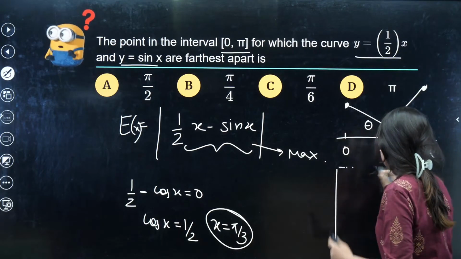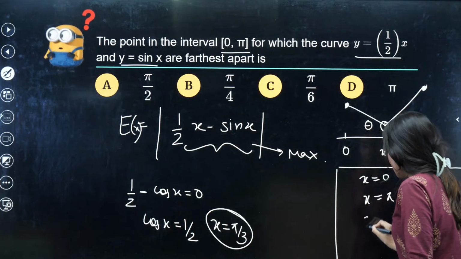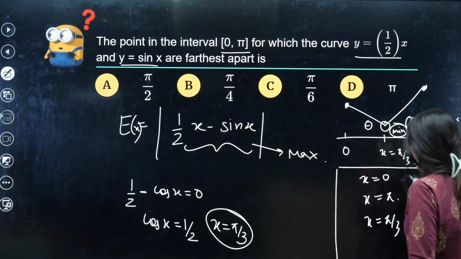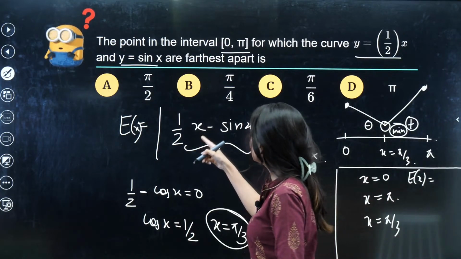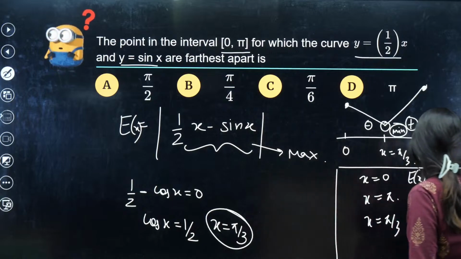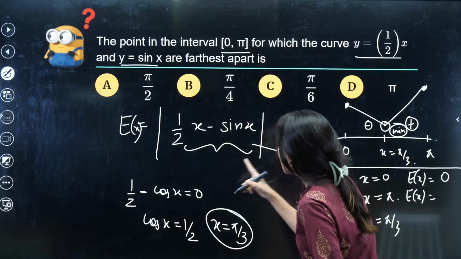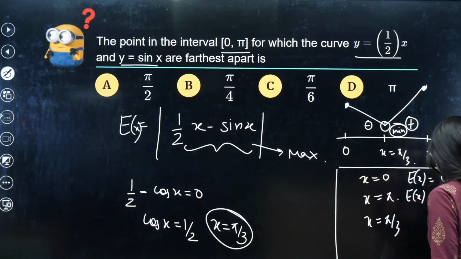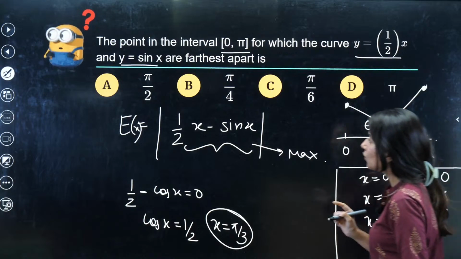So basically we need to check for x equals 0, x equals pi and x equals pi by 3. So E of x will be, tell me, the moment I put x equals 0, what do I get? 0 minus 0, so I am going to get 0. And the moment I put pi, what do I get? Half pi minus sin pi, so this is pi by 2. The moment I put x equals pi by 3, what do I get?